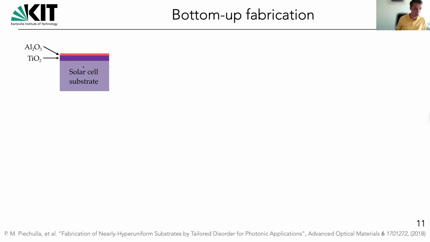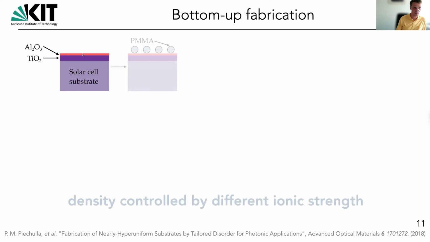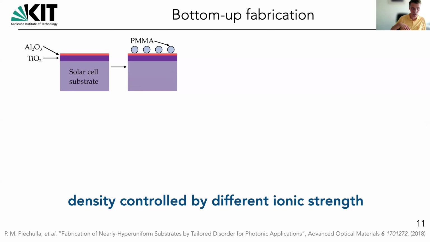Just to introduce the experimental procedure a little bit: we start with the solar cell substrate. We have a titanium dioxide layer and a slightly charged layer of alumina, because the purpose here is to dip coat this into a solution containing PMMA nanospheres, which are also slightly charged. Because the PMMA spheres and the alumina have opposite charge, there is a tendency of the PMMA spheres to deposit on the surface due to electrostatic interaction.